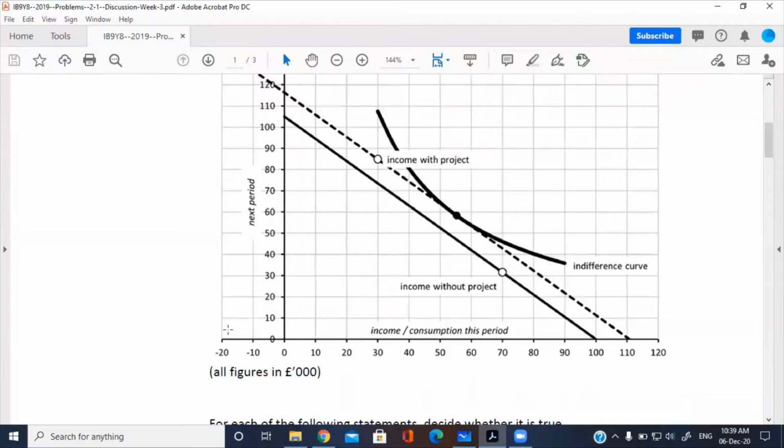Income with project shows the point, and income without project shows 30 income today, as the point is here. The indifference curve's intersection with the consumption line was also 30 without the project. That means his optimum consumption in the current period should be 30, but he is consuming at 70.